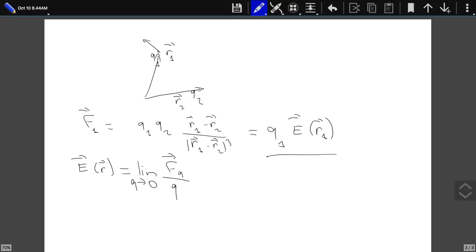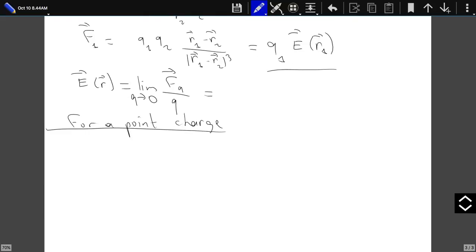Now, if we have a point charge, we already know that if we put some charge, a charge large Q, at some point R0, the idea is the electric field created by a point charge.